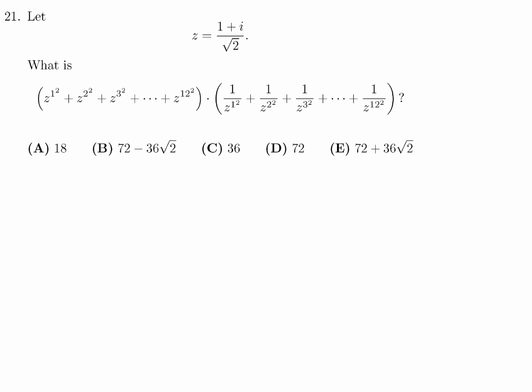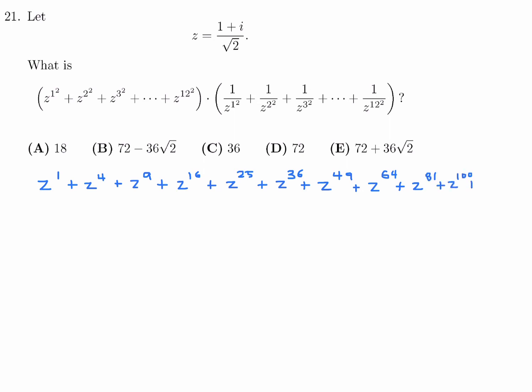Well, it looks like I've got z to the power of 1, and then z to the power of 4, z to the power of 9, then 4 squared, 5 squared, 6 squared, 7 squared, 8 squared, 9 squared, 10 squared, 11 squared, and finally 12 squared, which is 144.